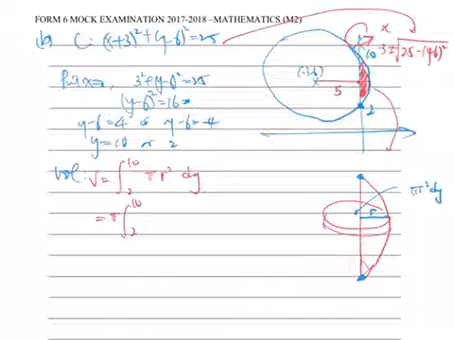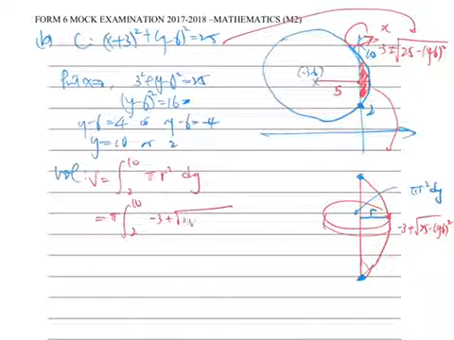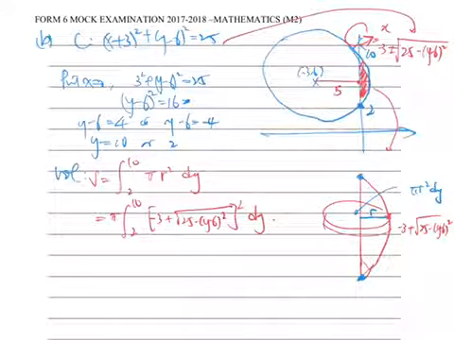Because obviously we want the x to be positive, if you are given a y, the x will be minus 3 plus root of 25 minus (y minus 6) all squared. So we get r squared as (minus 3 plus root of 25 minus (y minus 6) all squared) all squared dy. So this is the volume.